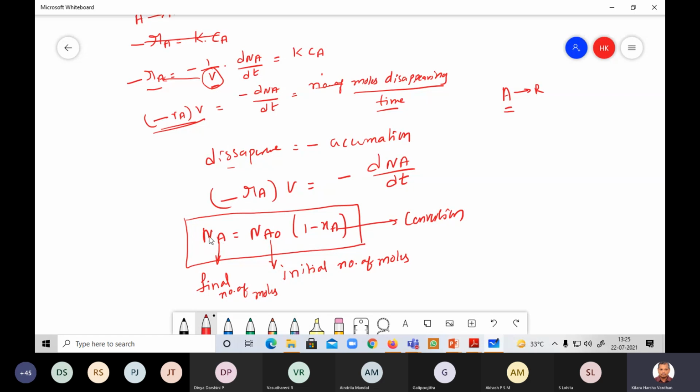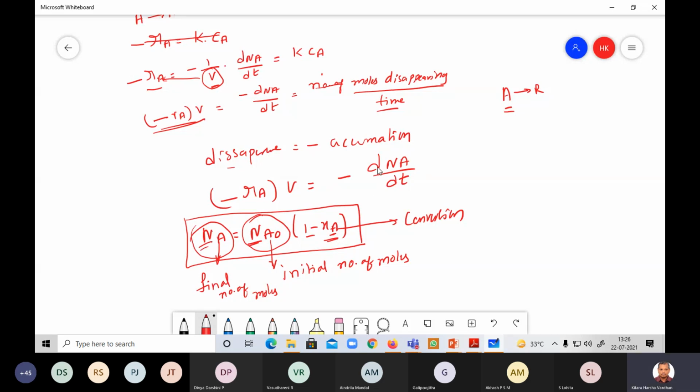So NA is the number of moles of A at the final time t, which is the initial number of moles into 1 minus XA. XA is the conversion. The initial number of moles is constant. NA will change with respect to time, because if you react for more time, then the conversion changes. Therefore, NA will change.